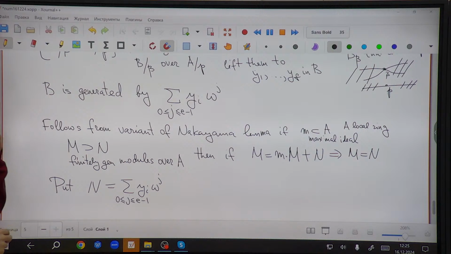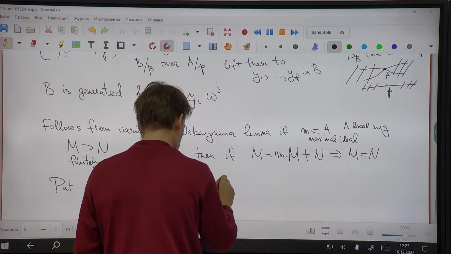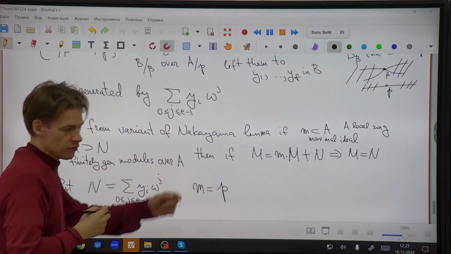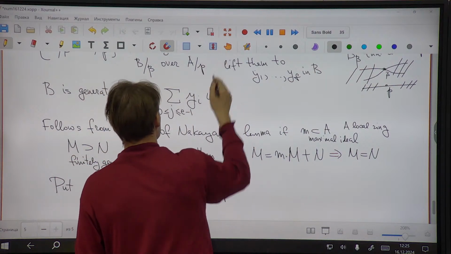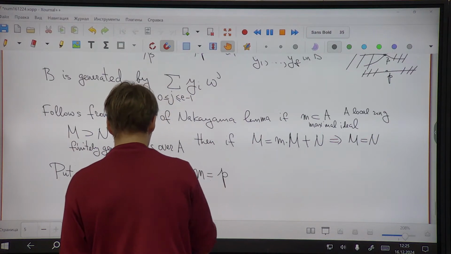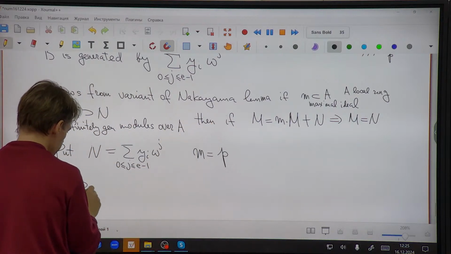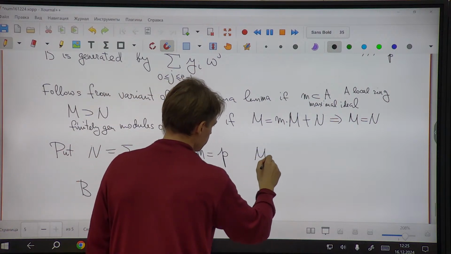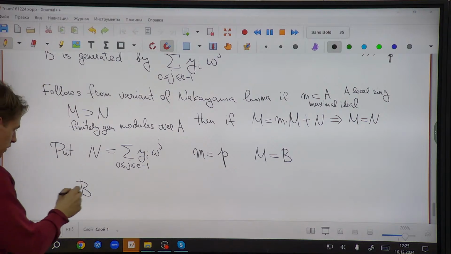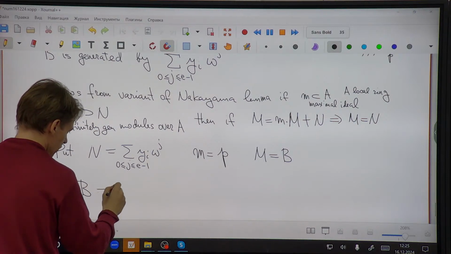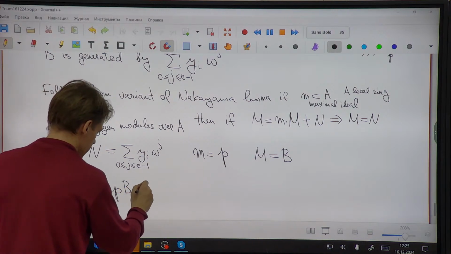Notice that the ideal is now P, and for our ring this equality gives what we want to obtain, that B is generated by P times B plus this generating set.